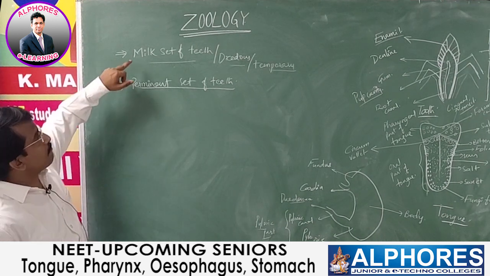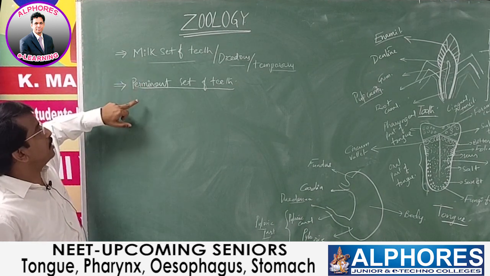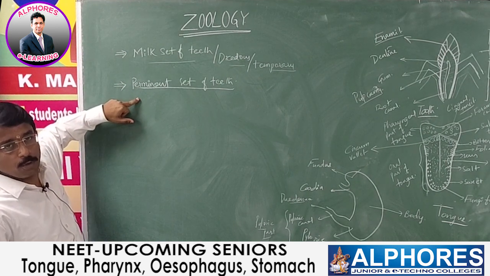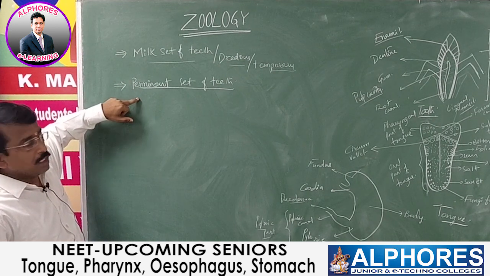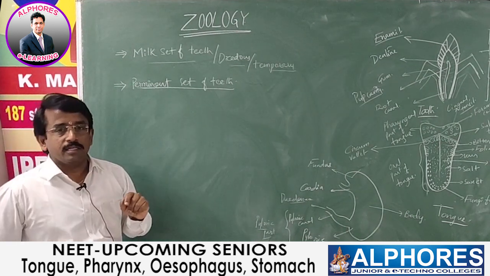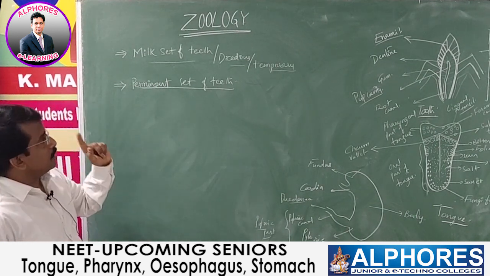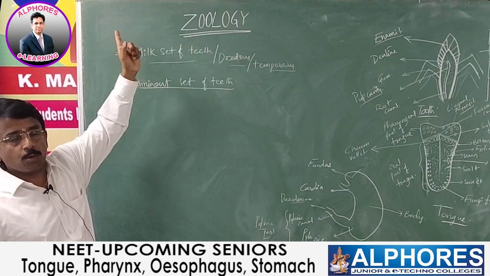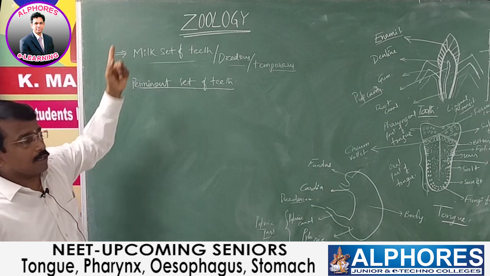So the teeth that are formed twice, milk teeth and permanent teeth, are diphyodont. Generally, the teeth formation is diphyodont, heterodont and thecodont.